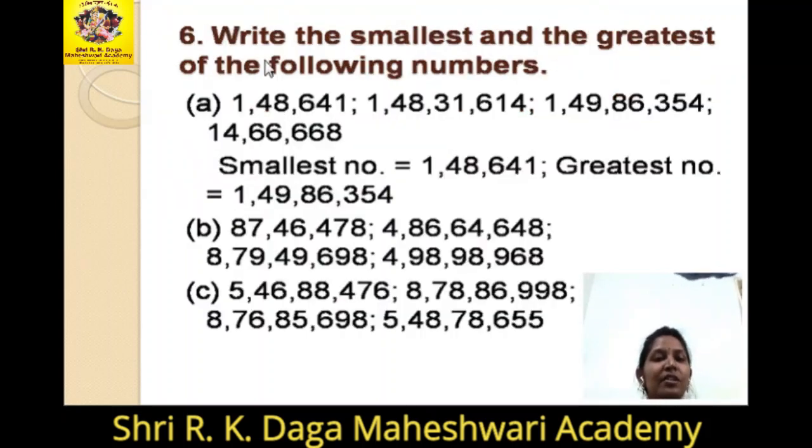The next question, question number 6 is write the smallest and the greatest of the following numbers. You have given 4 numbers. 1,48,641, 1,48,31,614, 1,49,86,354, and the last number is 14,66,668.